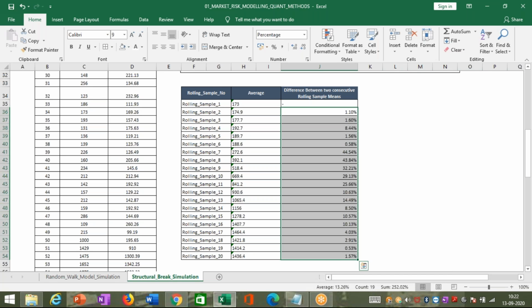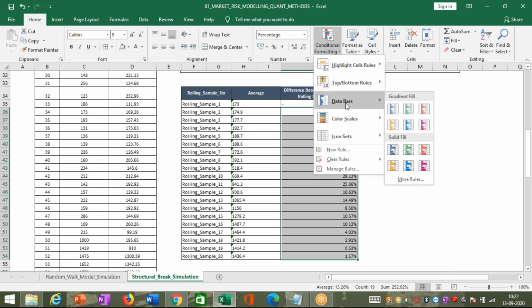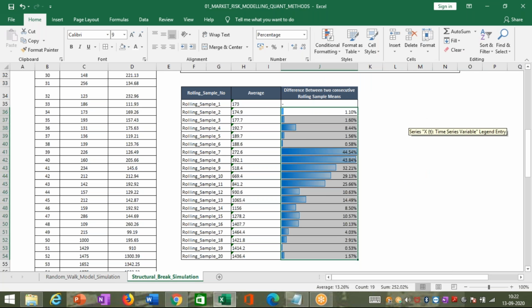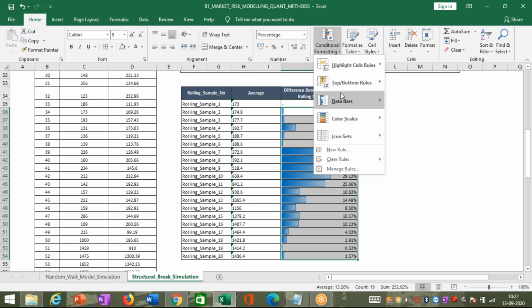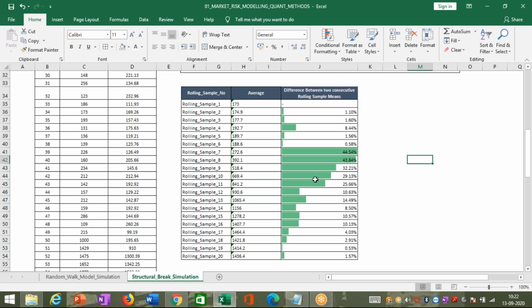Now, if I do a conditional formatting, now look into the distribution over here. So this is what the percentage change is.